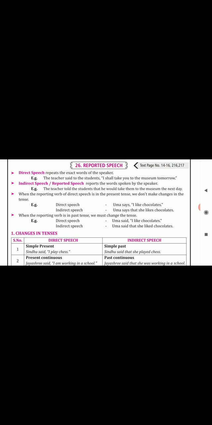After that, the comma and inverted commas combine the two parts, the reporting part and the reported part. So we have to remove the comma and inverted commas, and in that place we have to add a suitable conjunction.